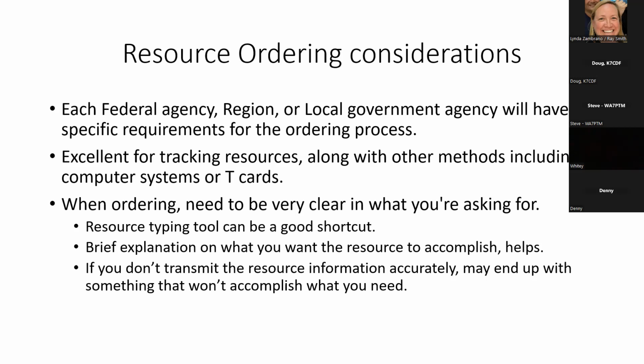Like it'll have a law enforcement agency strike team, and what does that consist of? Well, everybody can look at the same thing, and when you're asking for it, it should fill out what you want. But if you don't really know what the resource type is, a brief explanation on what you want the resource to accomplish really helps.